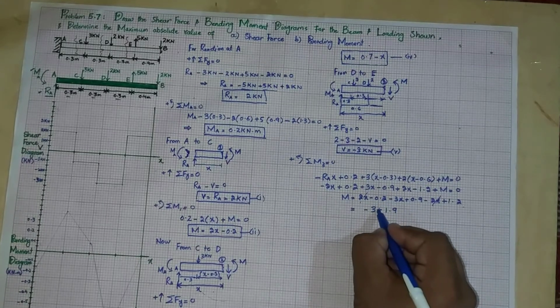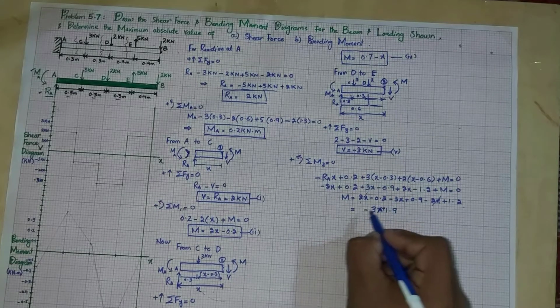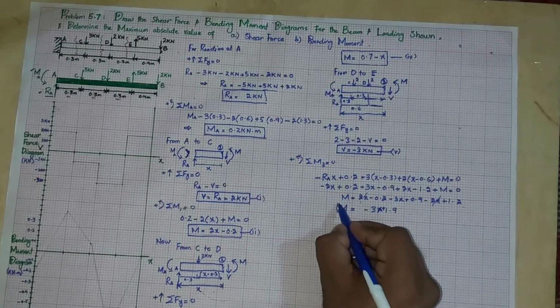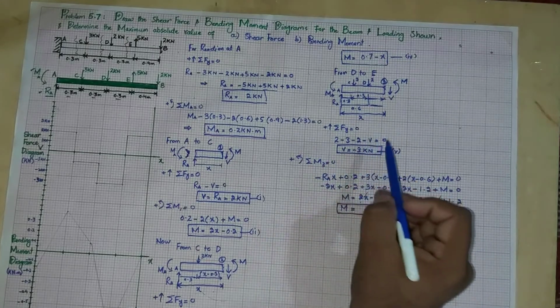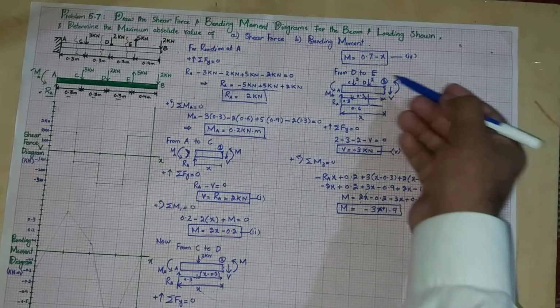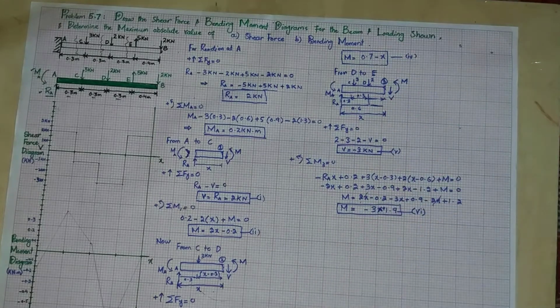So this is actually 3x plus 1.9. So this is the bending moment equation for the region from D to E. Let this be equation number 6.